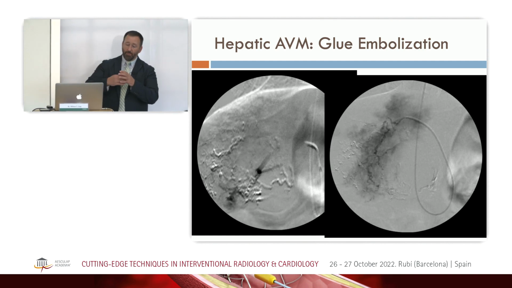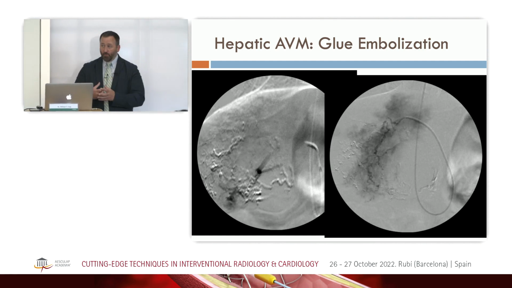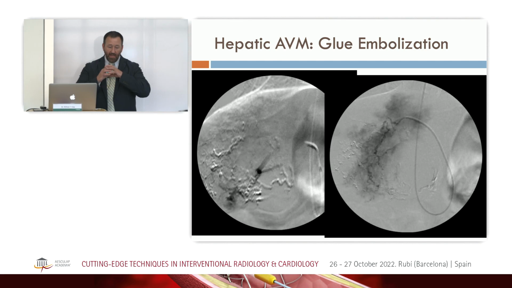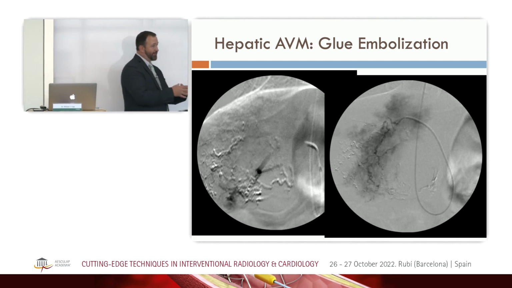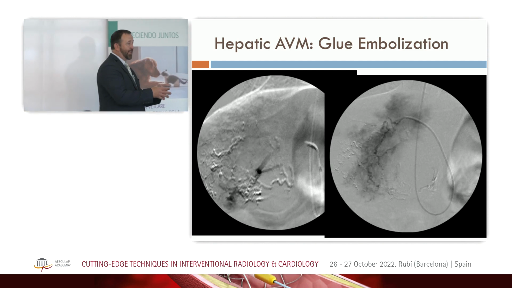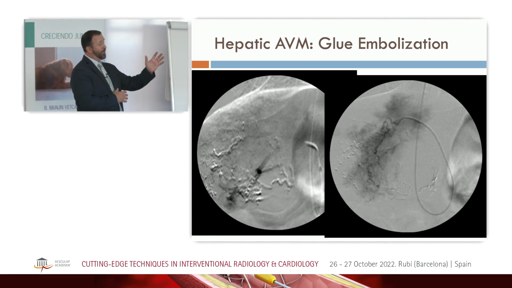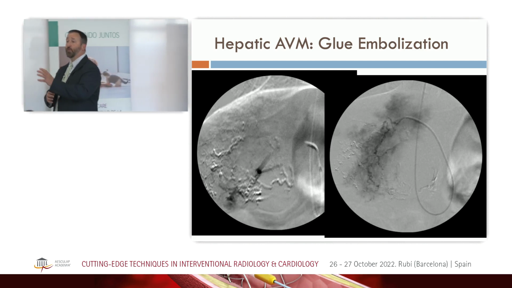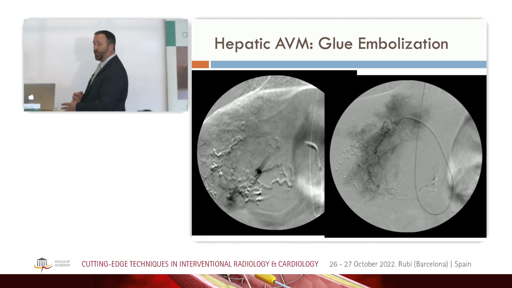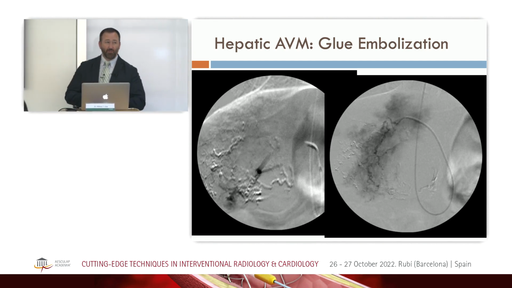You give a powerful injection of contrast and watch it as it goes through the intestines and then gets back into the portal vein, and you'll get a nice portogram. And when you do that portogram from that same catheter, you'll see whether the flow is now hepatopetal or whether it's still hepatofugal. If it was still hepatofugal, then I would elect to go in surgically and try to take down that vein. Does that make sense?